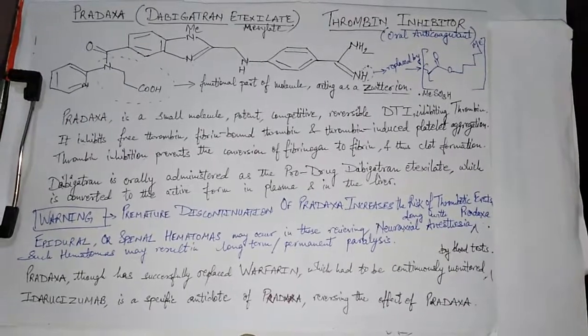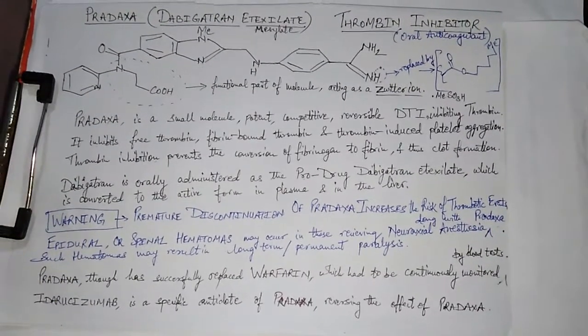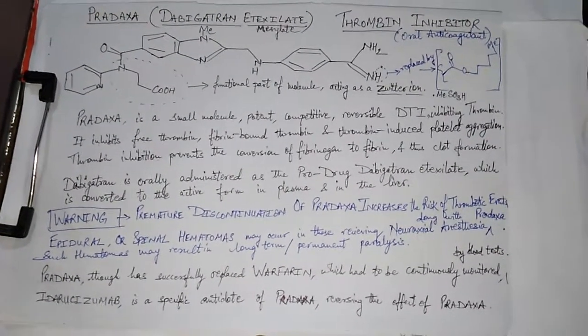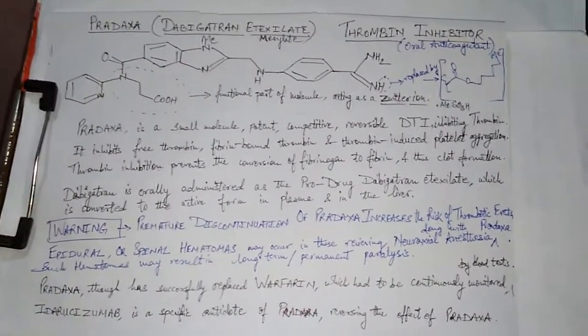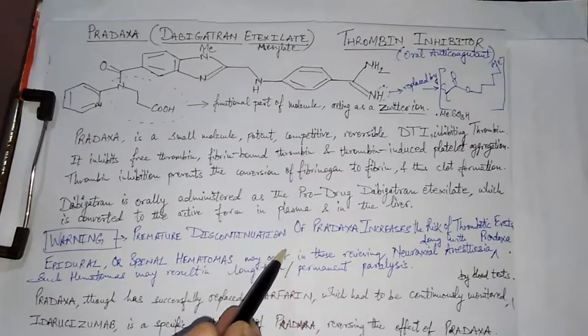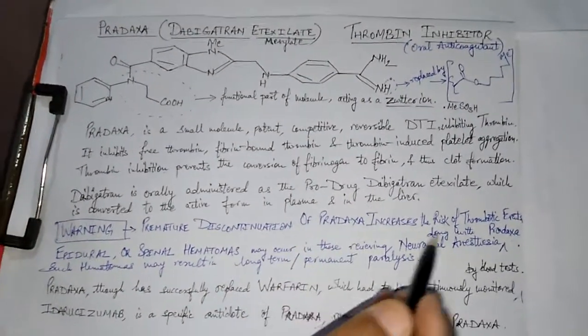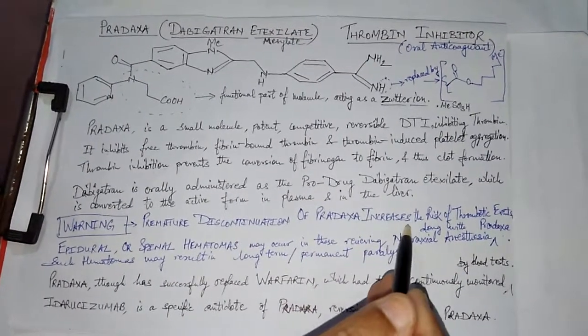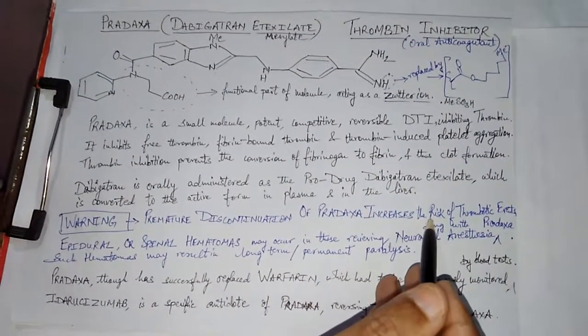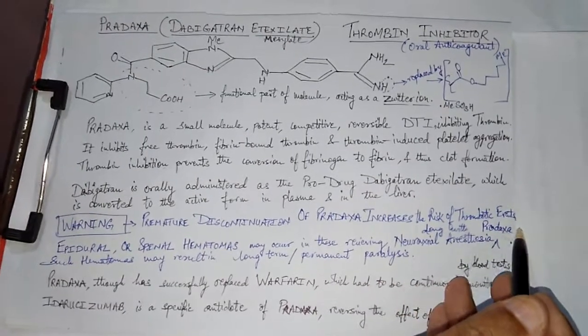Gradual removal of Pradaxa in the form of diminishing doses. A slow gradual decrease in dosages should be done instead of premature discontinuation, because if it is prematurely discontinued, such cases increase the risk of thrombotic events.